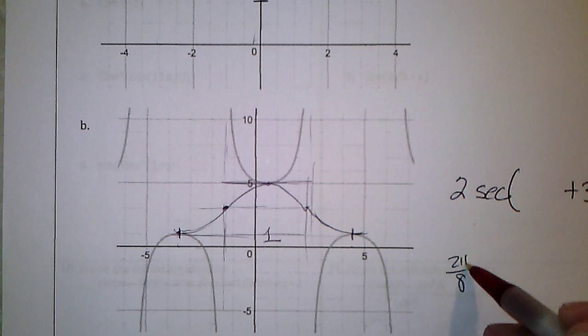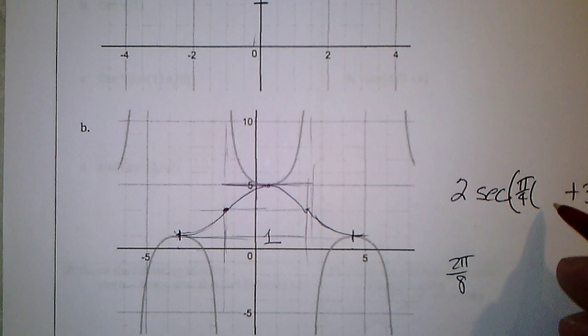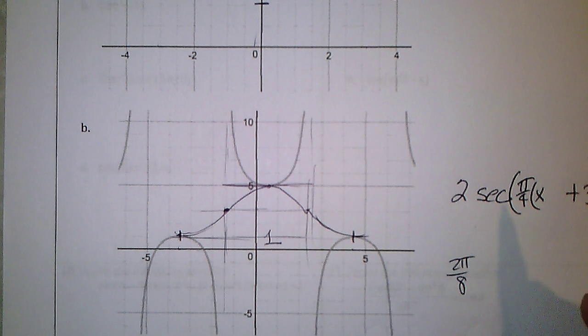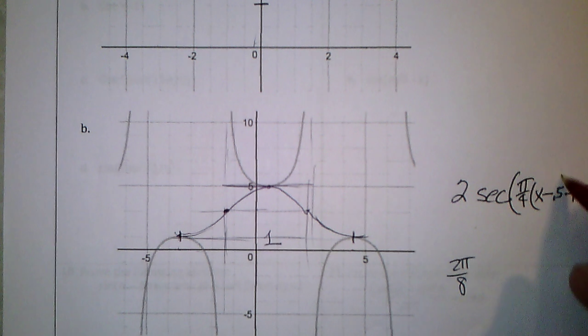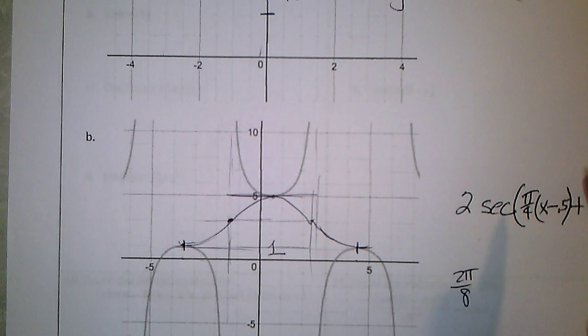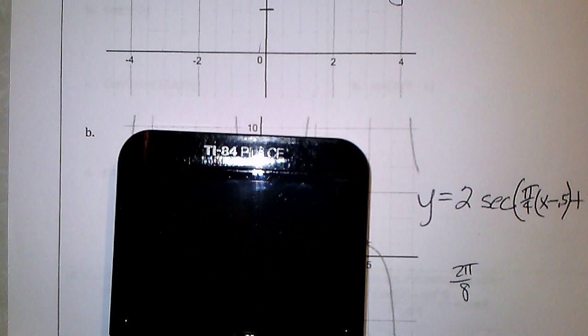So 2 pi divided by 8 is pi over 4 x, and it looks like it's shoved over 1/2 in the plus direction, so I got minus 0.5. I think I got it moved over 0.5, flipped over, so I think that's it. Let's check that.